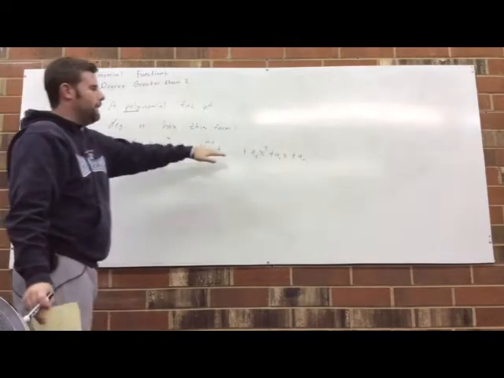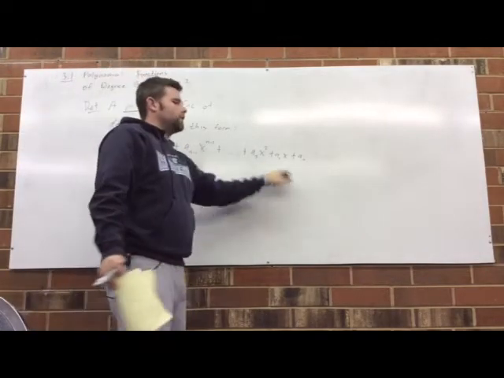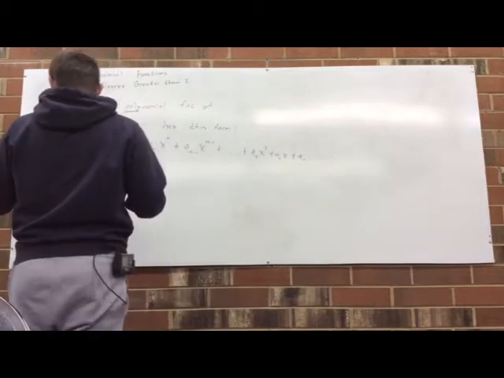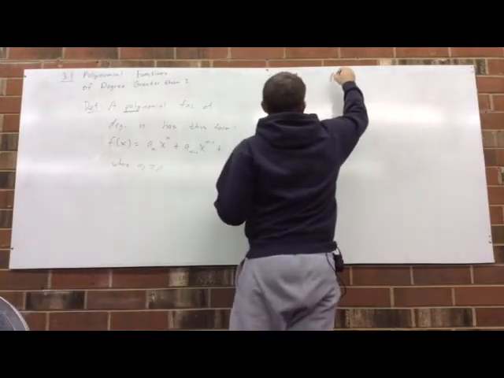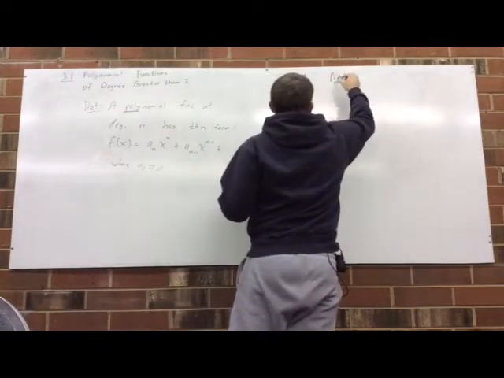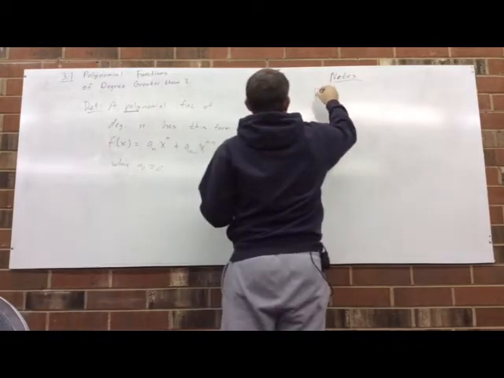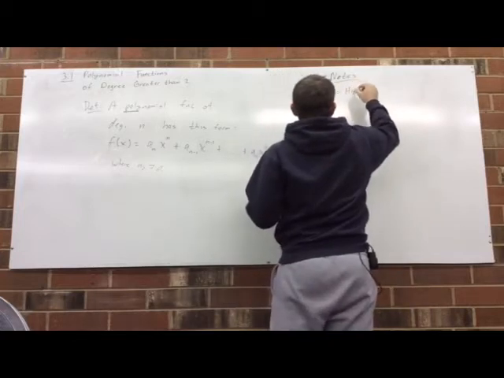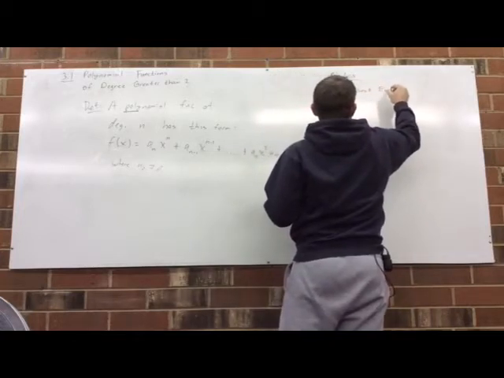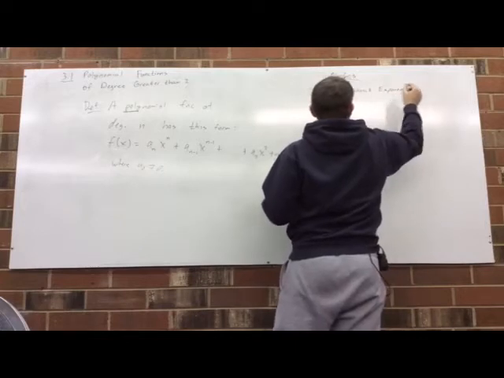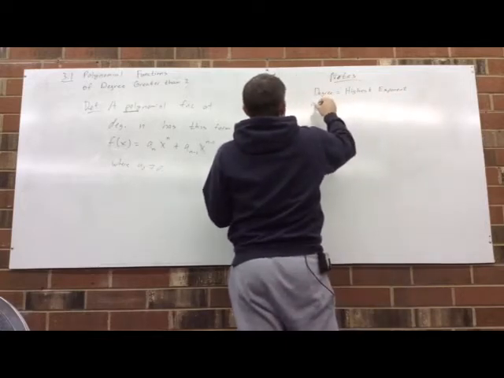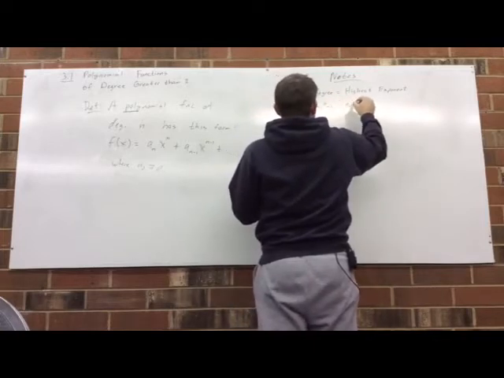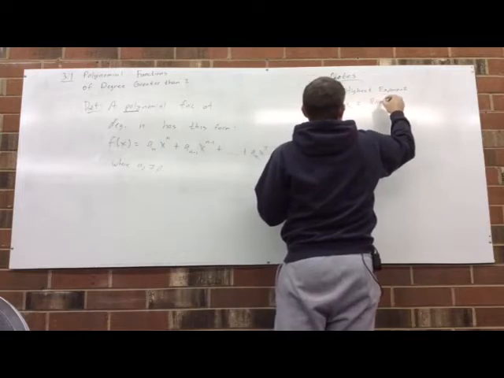We'll define all the parts here, but it just goes down as you can see there. So let's define the terms. We'll call these notes. The degree of a polynomial is just the highest exponent. Your a sub n, a n minus 1, all the way down to a naught, exist in the real numbers.